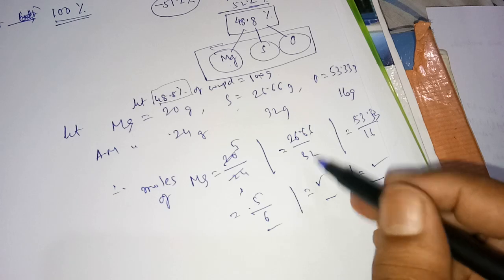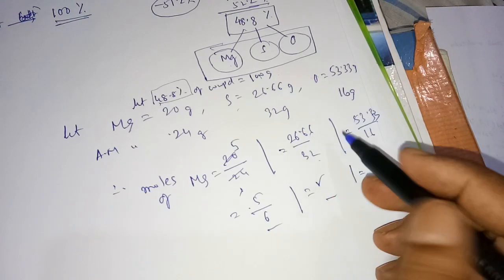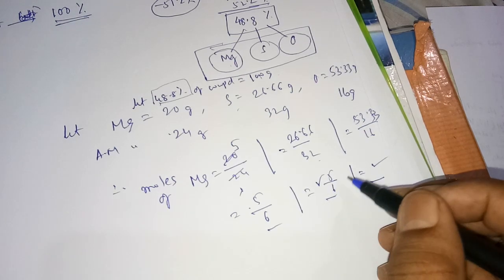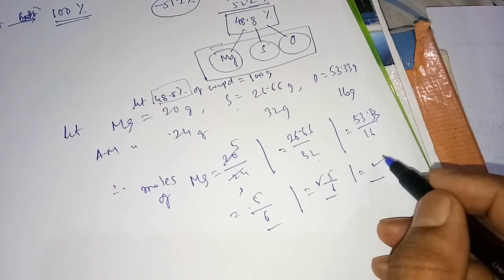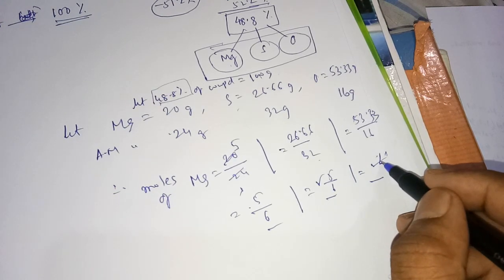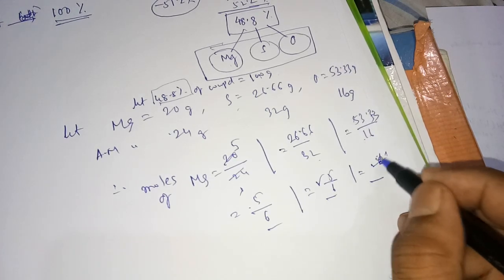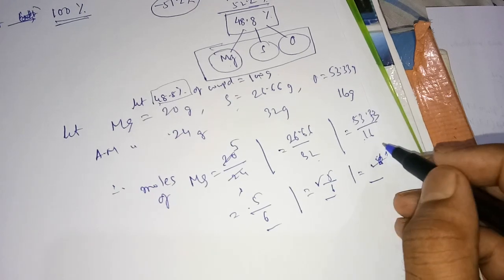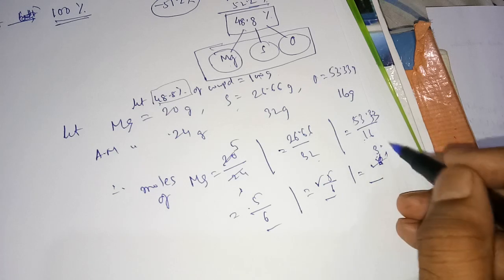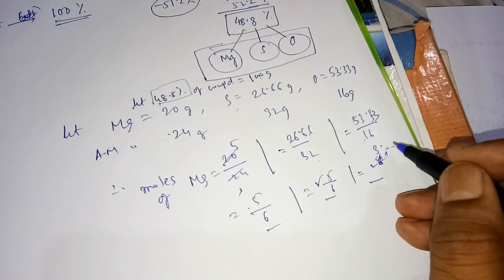If you divide with that 5 by 6, this one is also nearly 5 by 6, and this one is nearly 4. 16 threes are 48, so you will get 3 point something, you will calculate it on your own.